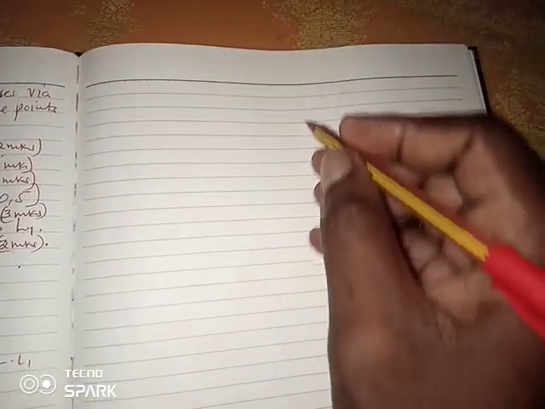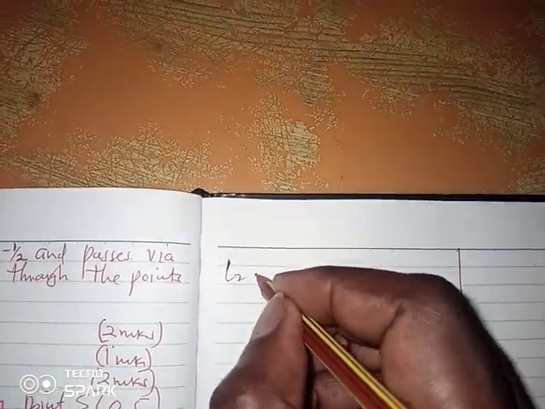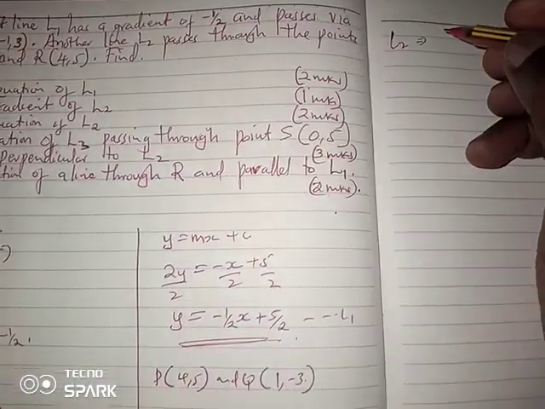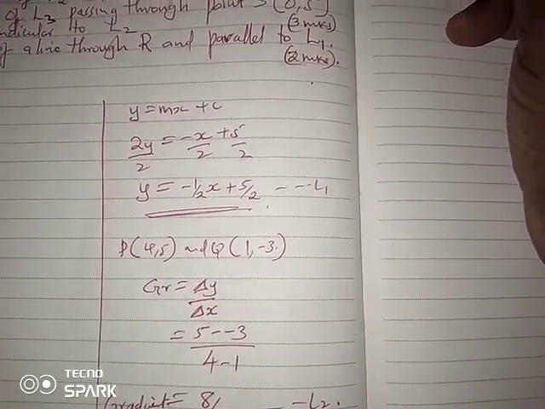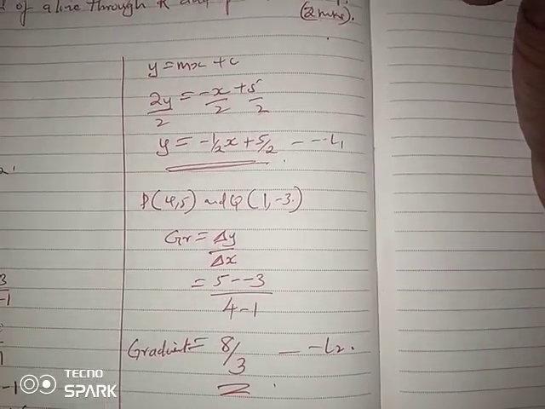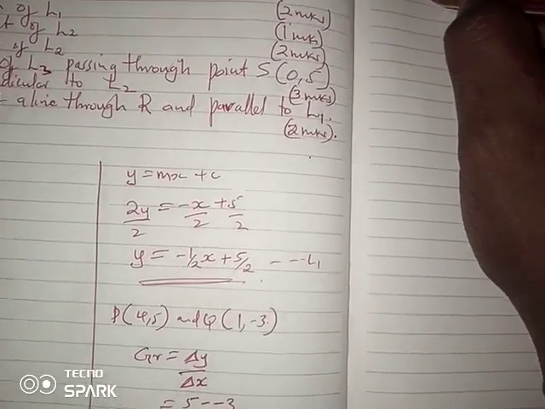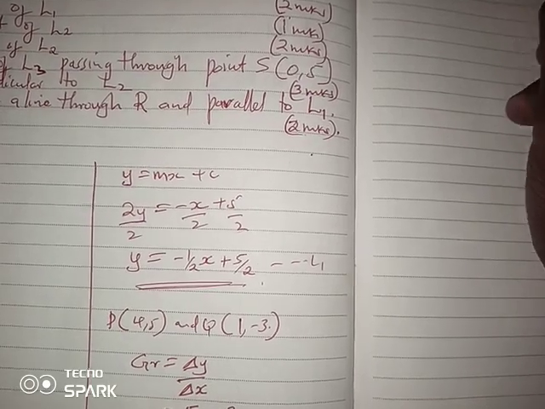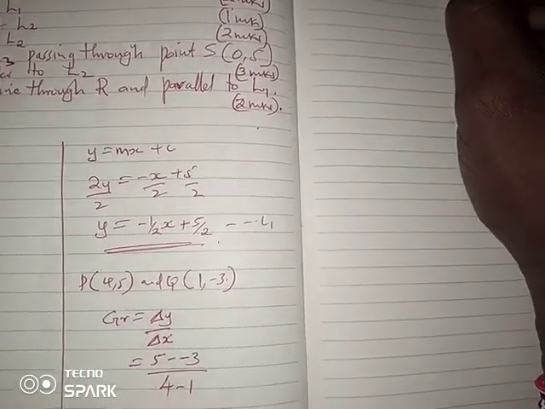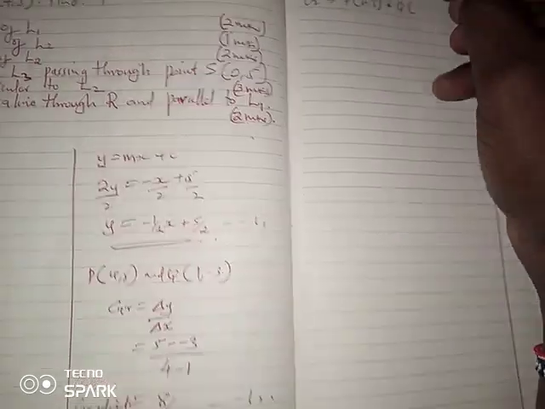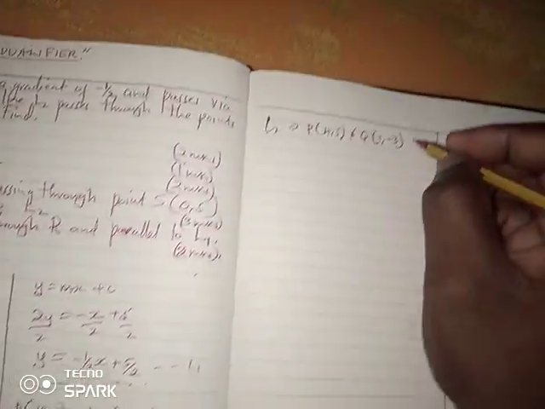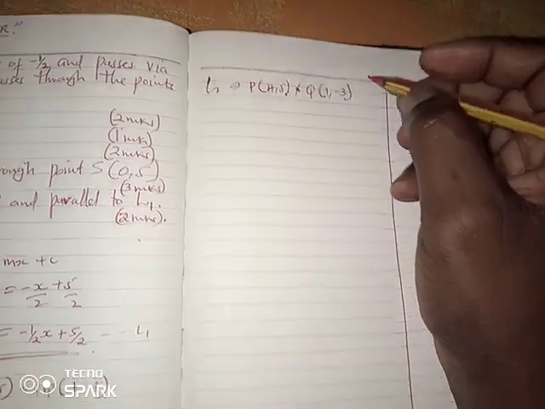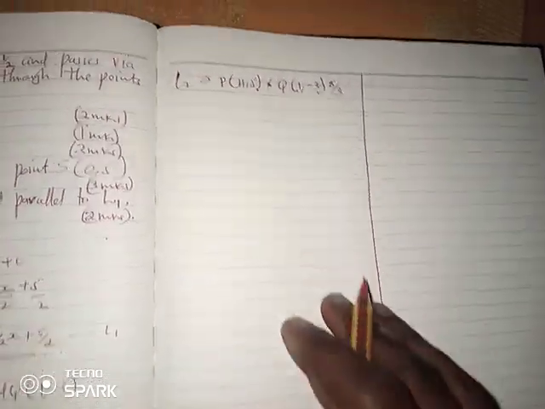L2 has points R(4, 5) and Q(1, -3), and the gradient is already known, 8 over 3.